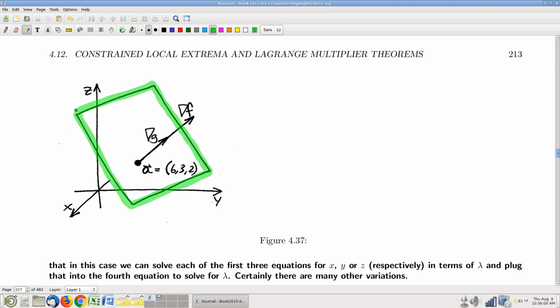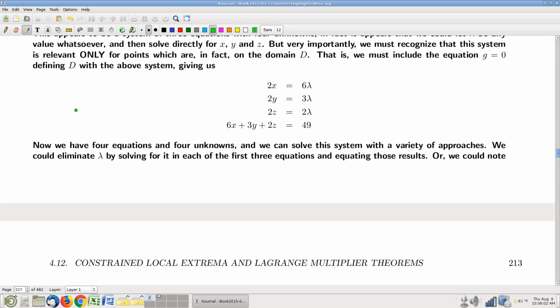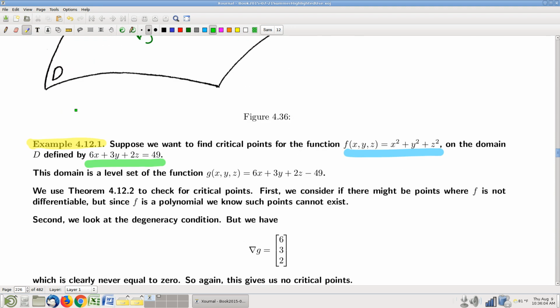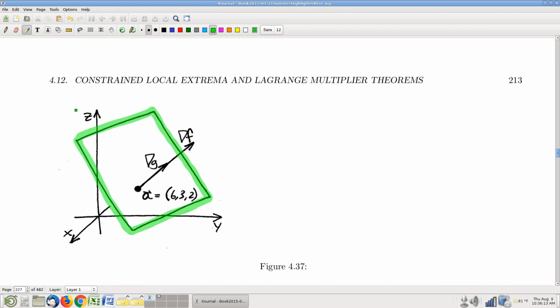It's on this plane that I want to know what the critical points of this function are. Where might this function be the biggest? Where might it be the smallest? It's not hard to persuade yourself this plane does not go through the origin. So even though f, independent of a constraint, could be 0, the actual smallest value of this function in the problem that we're interested in is not 0.